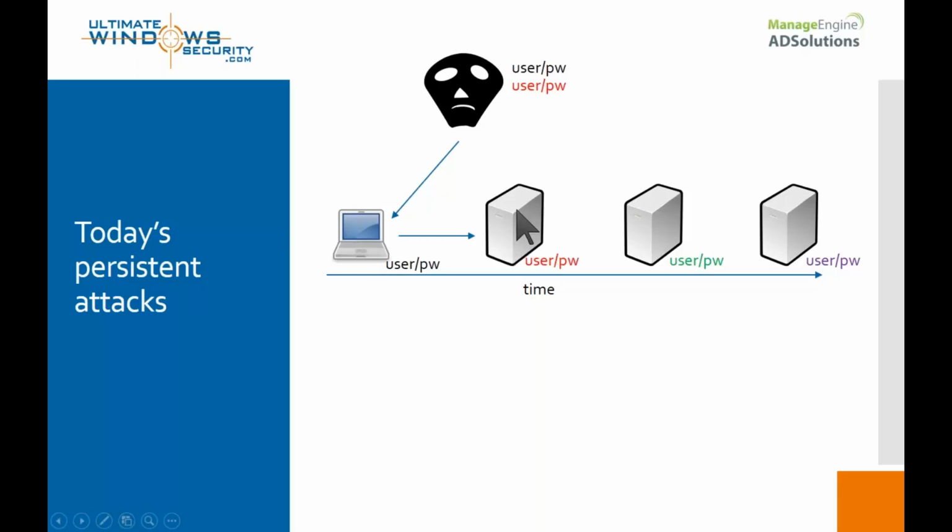And so maybe he's able to jump over here to this server and collect additional credentials. And it's not always the password, sometimes it's the hash, right, with pass the hash attacks. And then from that server, he's able to use those credentials or guess other information or lay other traps out there to be able to jump to more systems. And he just goes from system to system, collecting more credentials as he goes along.